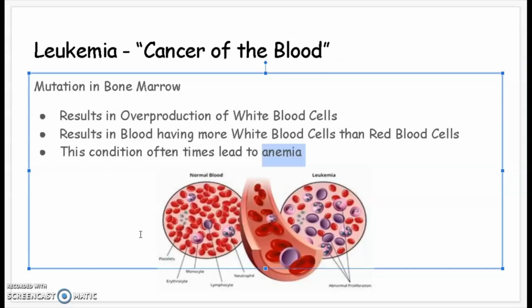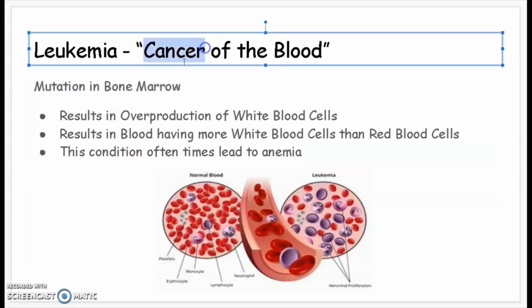And so this is just a brief addition to the topic of today. What I'm trying to tell you is this. A mutation in the body will often lead, if not fixed, to cancer. And so this is one example. Leukemia is a type of cancer. Moving on.